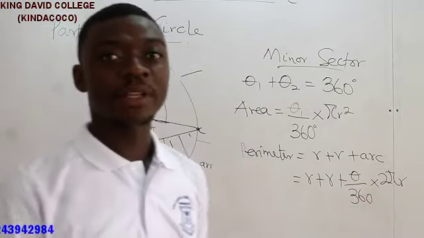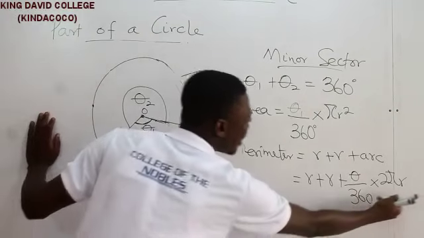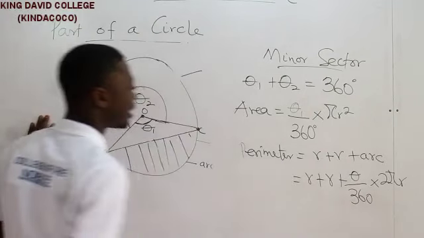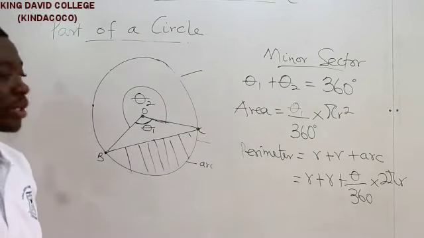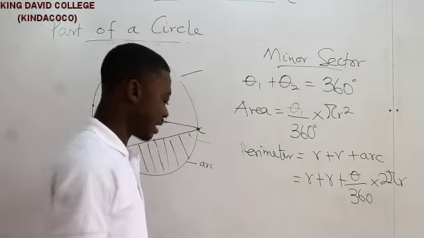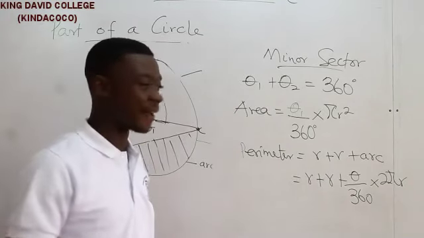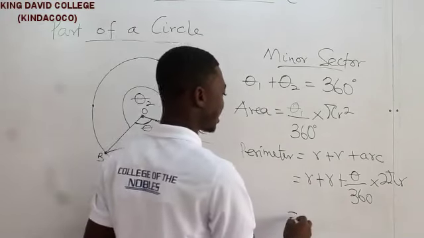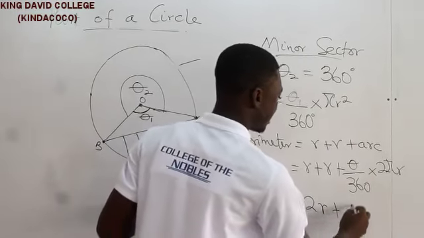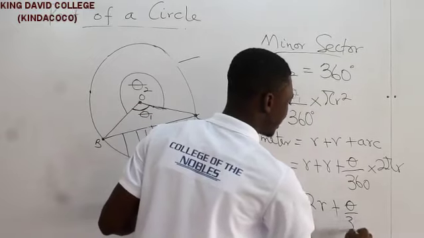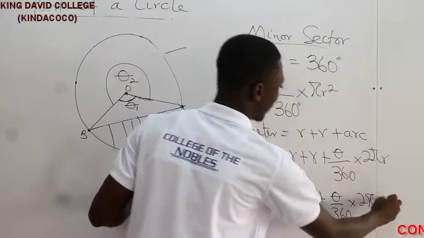So anytime you see the length of an arc, it is theta over 360 times 2 pi r. But when you are dealing with the perimeter of the sector, then it's not only the arc, but there are two radii bounding the same shape. Okay. So finally, we can now conclude that the perimeter of a sector is just 2r plus theta over 360 times 2 pi r.